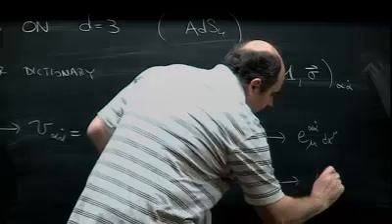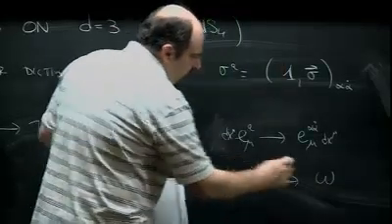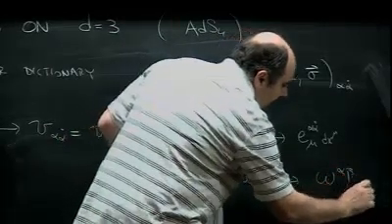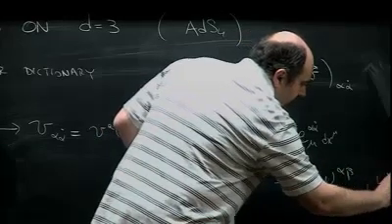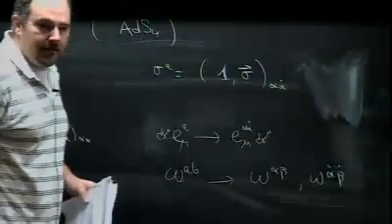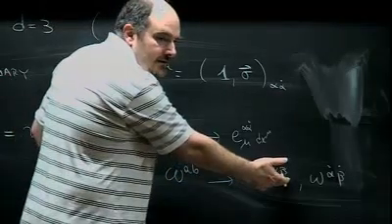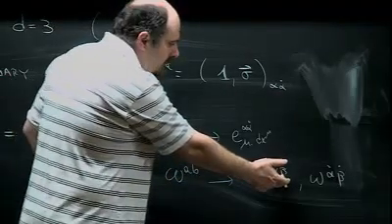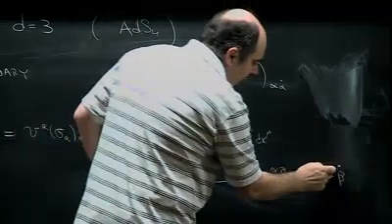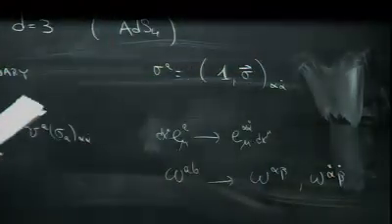So the field will split into two fields, omega^{alpha beta} and omega^{alpha dot beta dot}, where these are now symmetric, and symmetric.